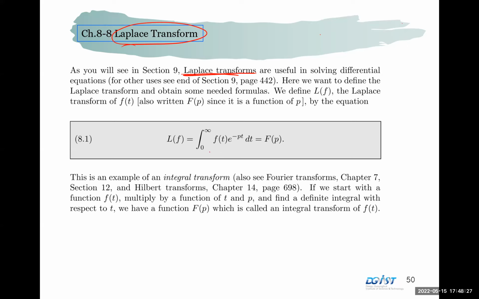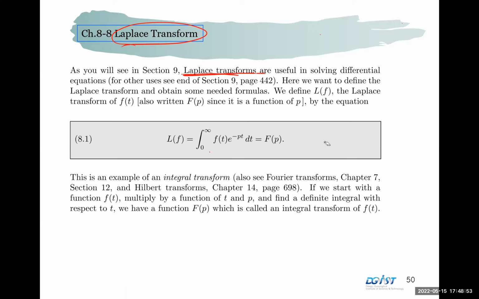Okay, so let's think about what the Laplace transform is. Very similar to the Fourier transform, we have such a kernel, but now we have a real exponential e to the minus pt, not a complex number, and the integral range is only from 0 to infinity.